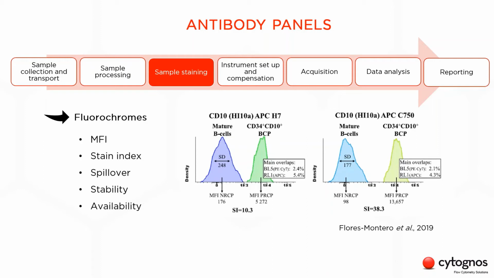Here we have an example illustrating the comparison between two fluorochromes, the APC-H7 and the APC-C750, conjugated with the same antibody clone, the CD10, and tested in the same sample under the same conditions. What we see here is that the APC-C750 conjugate shows a brighter MFI, which provides a better resolution between the positive and the negative reference populations.